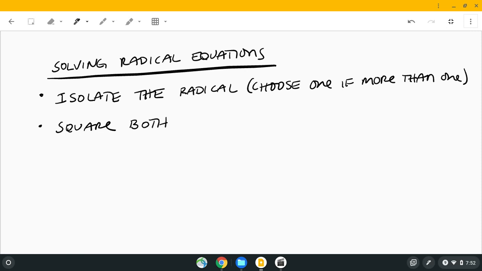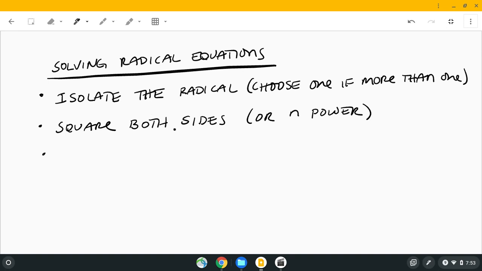So you square both sides, or raise to the nth power, whatever it is. Square both sides if it's a square root. And then you repeat this process. If you have more than one radical, then you just cancel one radical at a time.